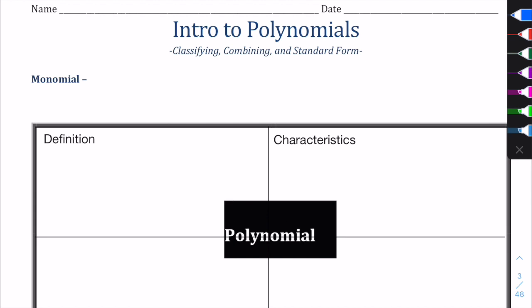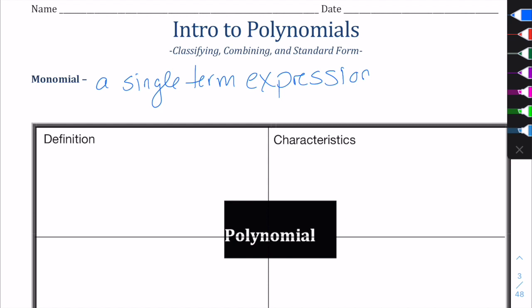Alright, we're going to start off by going before polynomials. Well, it's part of polynomials. It's a monomial. What is a monomial? Well, it is a single term expression. Now, to call it a single term is almost redundant, like defining it with its own definition.